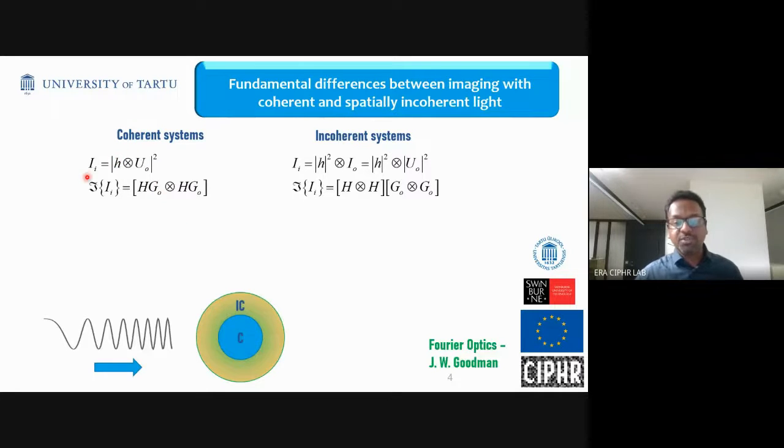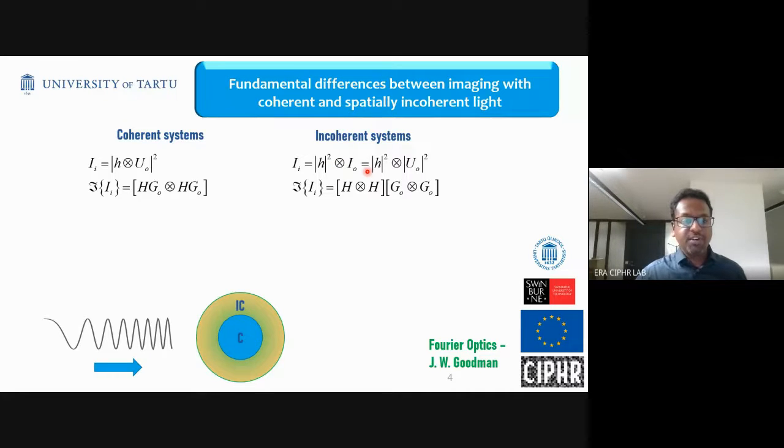And since most of our sensors, or all of our sensors, cannot measure complex amplitude but only intensity, we take this modulus square. In the case of an incoherent imaging system, the case is different because the linearity exists only in intensity. So what we have here is the modulus square of the PSF, which is the intensity of the PSF, convolved with the object intensity pattern.